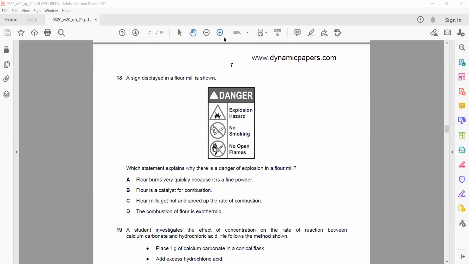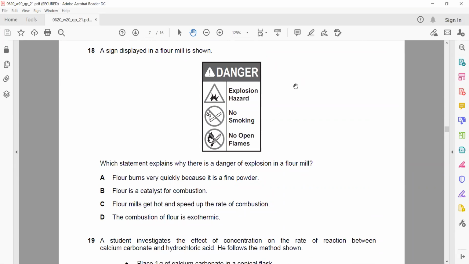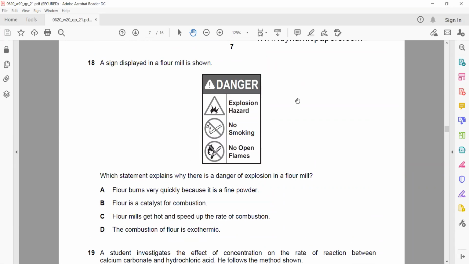In question 18, a sign displayed in a flour mill is shown. Which statement explains why there is a danger of explosion in a flour mill?